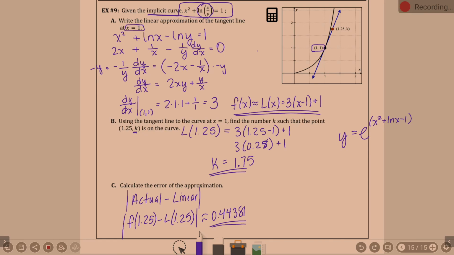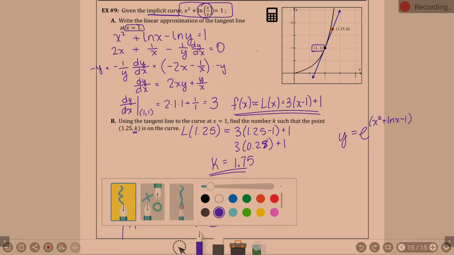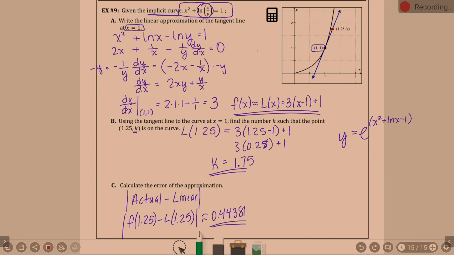One thing, they didn't ask this, but I have this written in my notes because there was a percent of error formula that we never talked about, but they gave you in the original example. So if they ask you for percent of error in homework, we do it in science all the time.